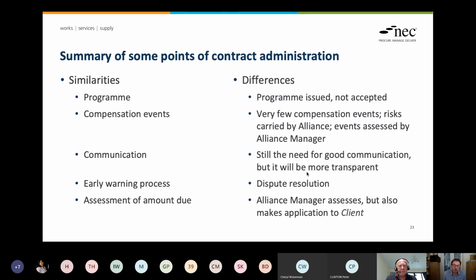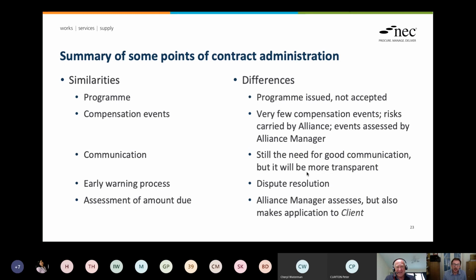Compensation events, two probably key differences here. There are far fewer of them because more risks are shared, and the Alliance manager notifies them when they do occur, and also works out the effect of them from a time and cost point of view, i.e. produces a quotation. It's interesting, isn't it? So here's your program, here's your compensation event assessment, and you just say, thank you. Exactly.